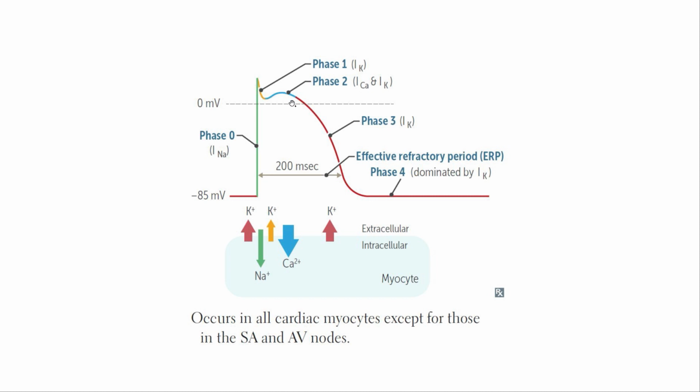And then there's an influx of calcium as well, which maintains that depolarization, giving the heart this lengthened out curve. And then repolarization occurs when potassium is moved out of the cell. And then it'll be in a refractory period until the next depolarization can happen.